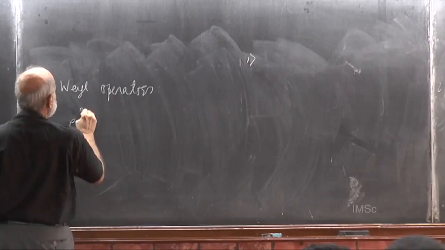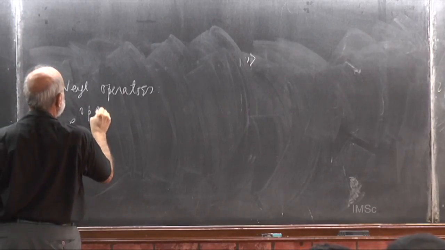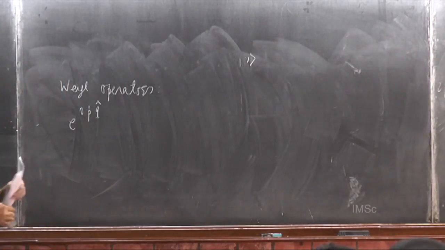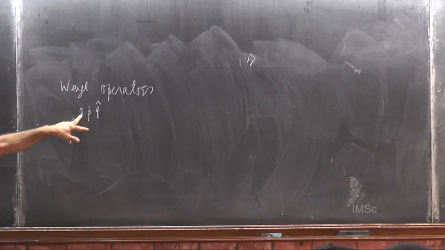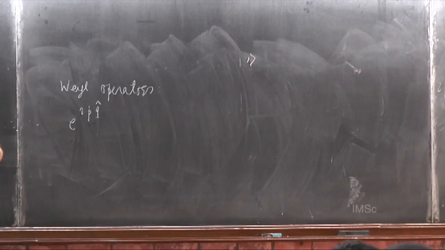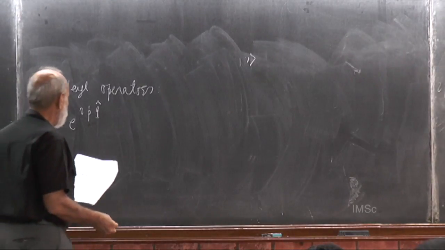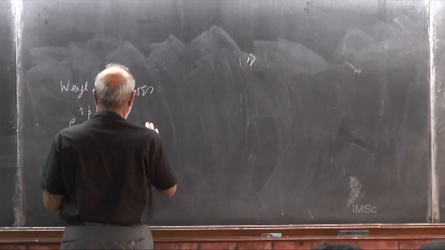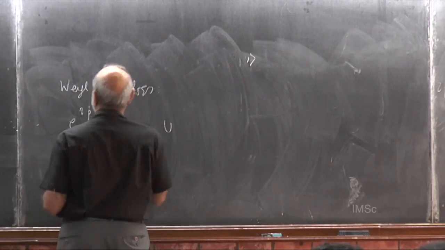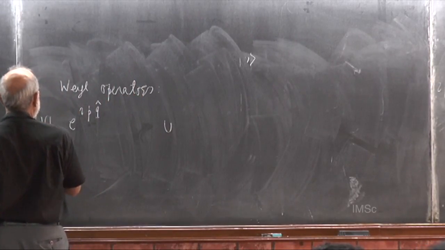So, these are operators of this kind: exponentials, where p here is to be viewed as just a number, a parameter. So, the exponential of i p q hat. Let me call it U of p.